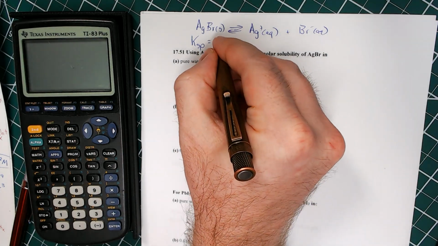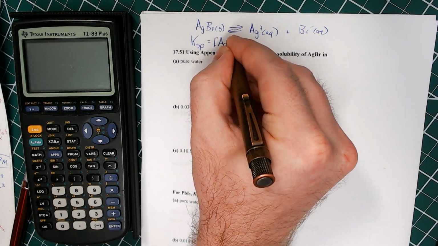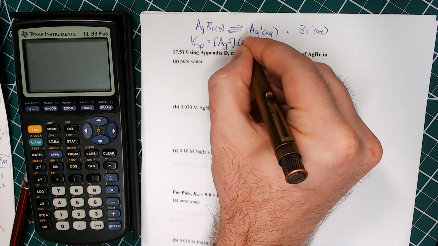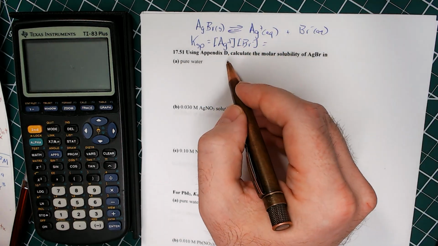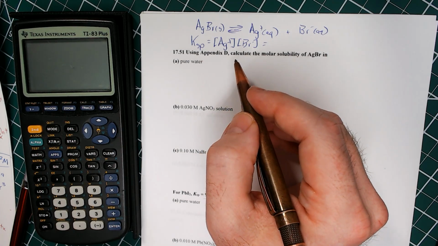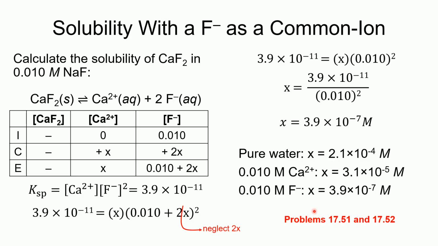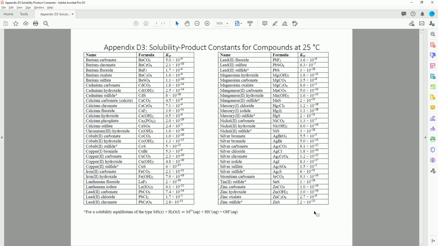And the Ksp is going to be equal to silver ion concentration times the bromide ion concentration. And we can use Appendix D to get that value. So we'll look here. Silver bromide is right there, and it's 5.0 times 10 to the negative 13.